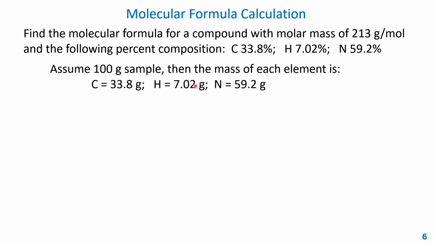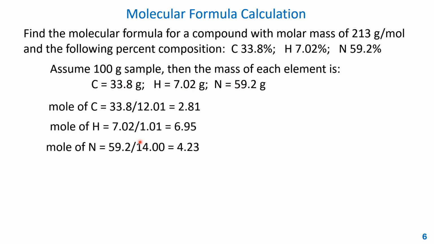Then convert all the masses to moles: the mass of carbon divided by the molar mass of carbon, the mass of hydrogen divided by the molar mass of hydrogen, the mass of nitrogen divided by the molar mass of nitrogen. That gives you the moles of these three elements. Find the least number, which is 2.81, and then use this number to divide the three numbers.